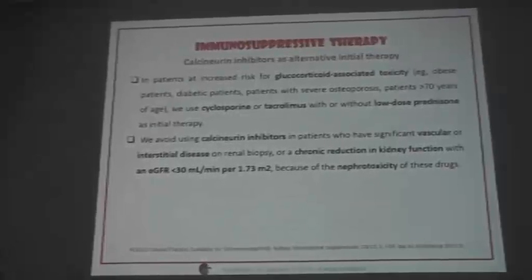Now I'm going to talk about the other immunosuppressive medications, and let's start with calcineurin inhibitors as an alternative initial therapy. It may be, but usually you start with steroid.